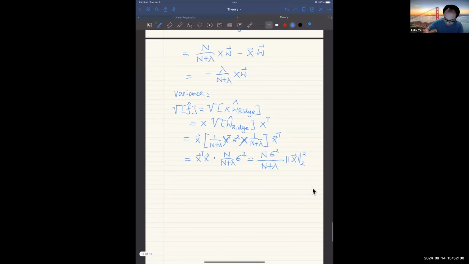So that means the bias variance in total, which is the expected value of the test MSE, is the bias square plus variance plus the noise variance.